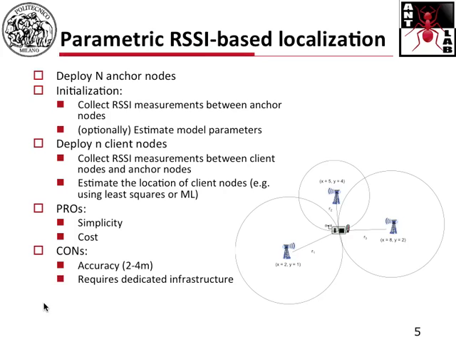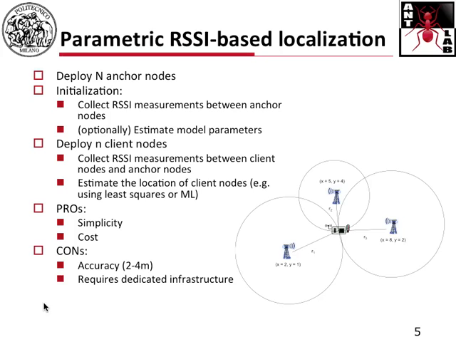Disadvantages are in performance. We'll see how, but the accuracy you can get out of these systems is not that good, in the sense that you get an error in localization in the range of 2 to 4 meters. So if you are in this position and you apply one of these methods, it returns a position which is on average within a circle of 2 meters radius centered on the real position.